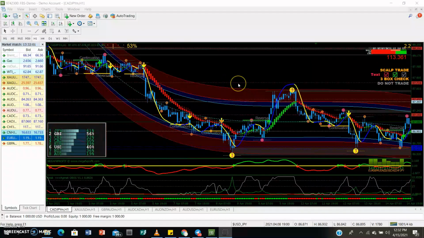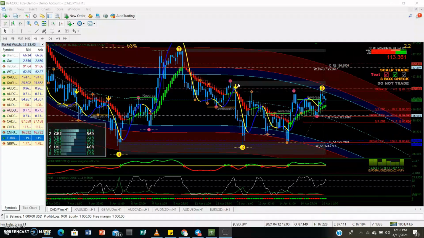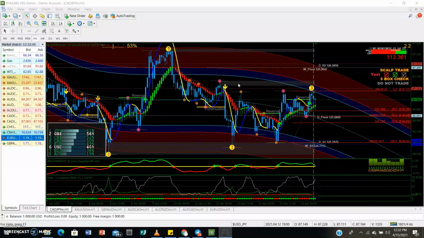And basically getting into how to use this indicator, it gives you an arrow indication of whether to buy or sell. So the green arrow pointing up indicates a buy trade, and then the yellow arrow pointing down indicates a sell trade. One of the good things about this indicator that I have not mentioned is that it's non-repaint.